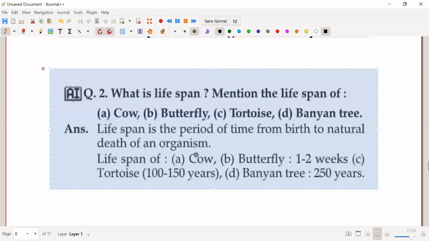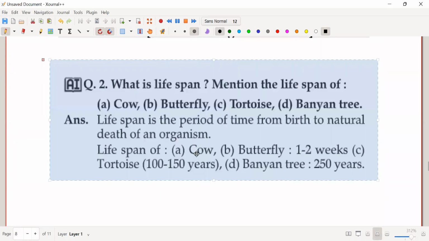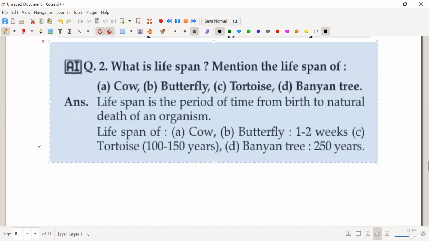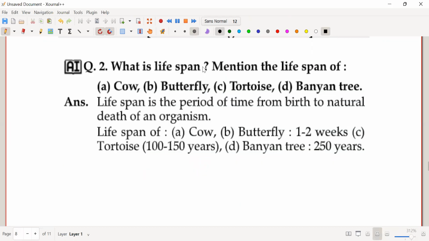Then the next question: what is lifespan? Mention the lifespan of cow, butterfly, tortoise, banyan tree. Lifespan is the period of time from birth to natural death of an organism. Lifespan of A, cow; B, butterfly.